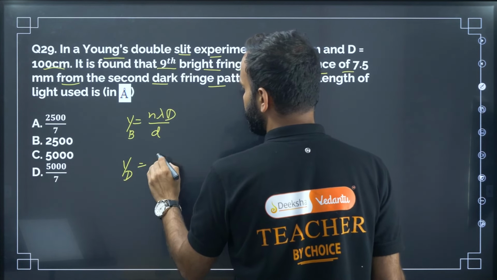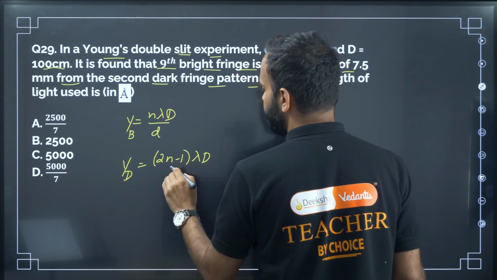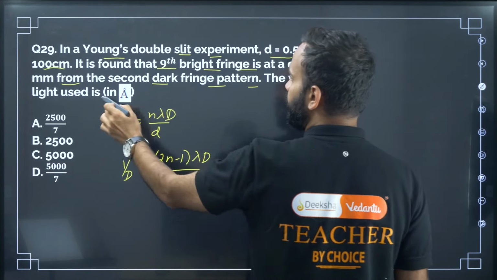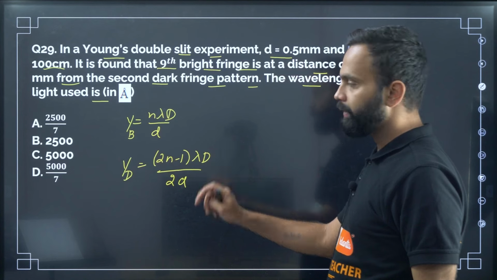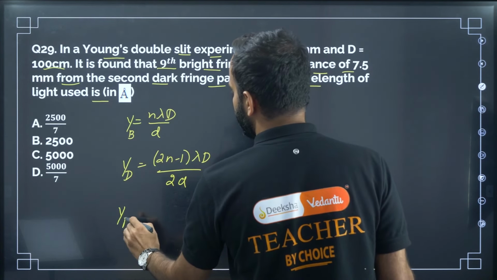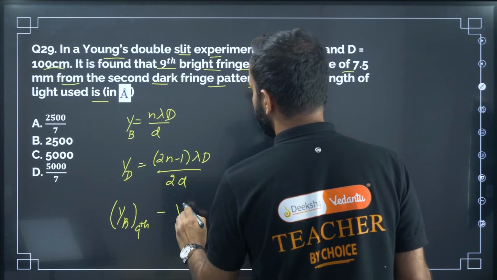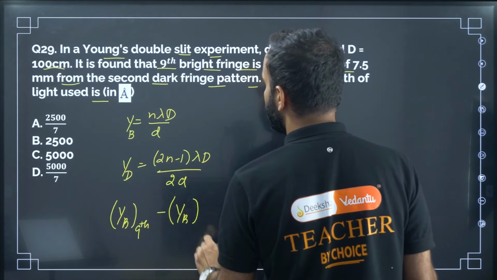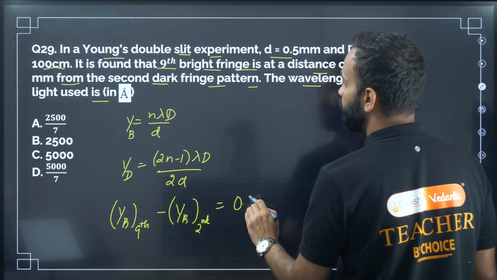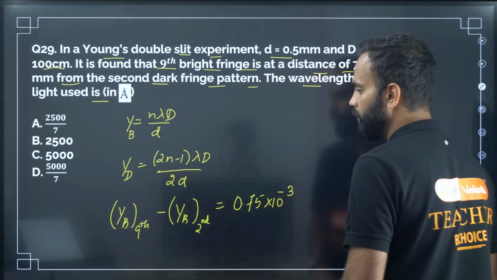Now the destructive interference is y equal to (2n minus 1) lambda D divided by 2d. The wavelength of the light used is, we need to find the value of lambda. So y_b of ninth minus y_d of second is equal to 0.75 millimeter, that is 0.75 into 10 to the power minus 3, right?